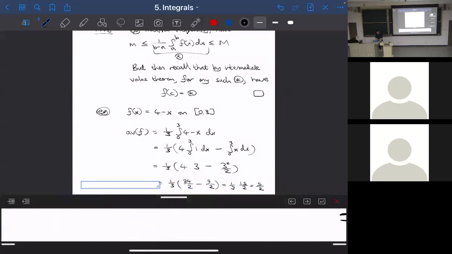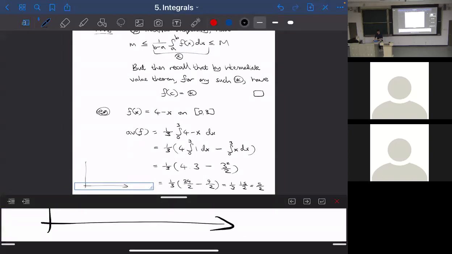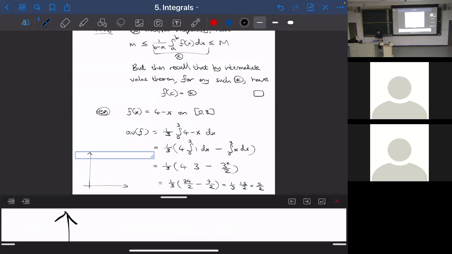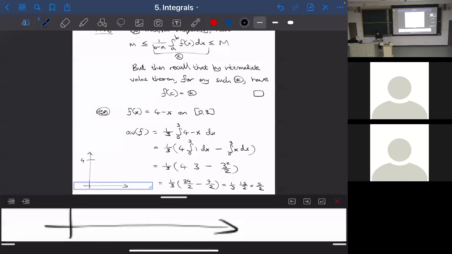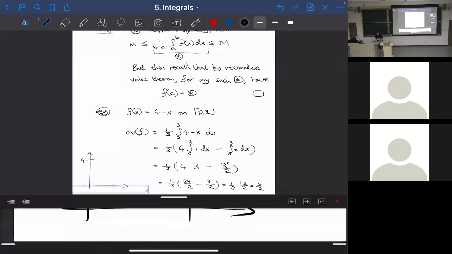Okay, so we can draw a graph. So the y-intercept is 4, and our interval is 0 to 3.